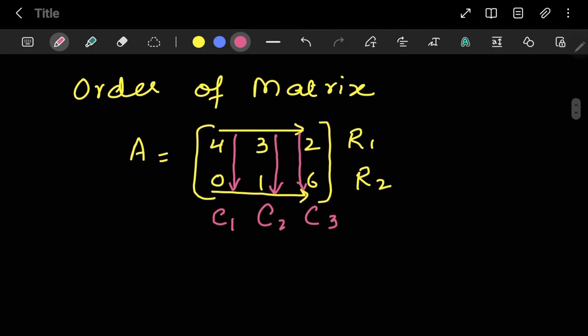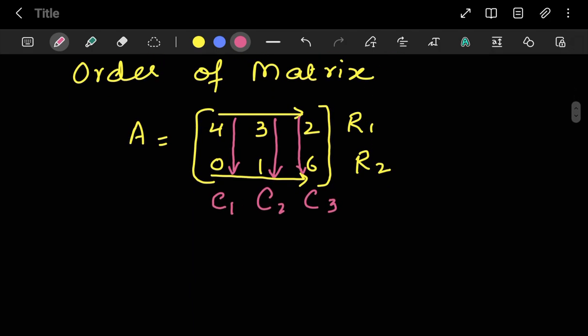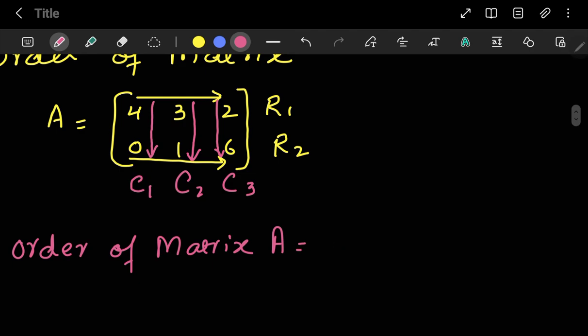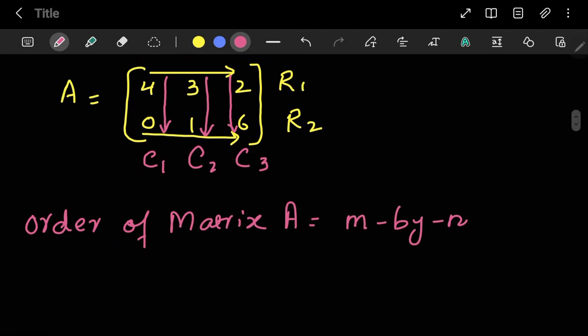So the order of the matrix, or the arrangement of the number of columns and rows of matrix A, can be written as M by N, where M is the number of rows.